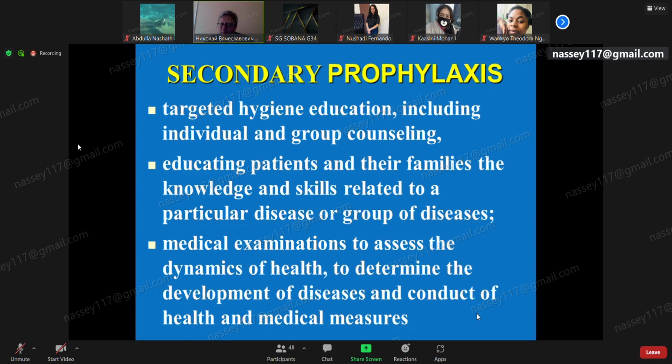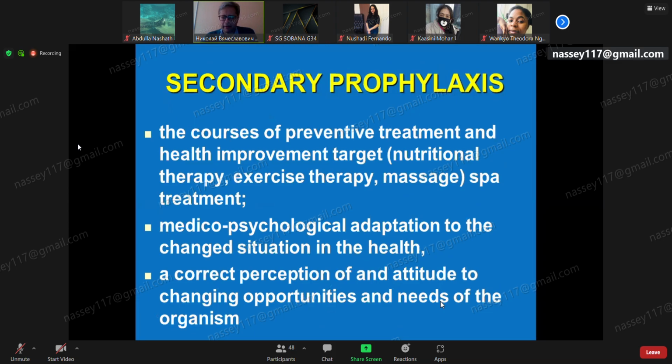Improvement of health by active lifestyle, by using some procedures of hydrotherapy, swimming, contrast shower, and daily morning physical exercises, and other methods. Thermal procedures and other.